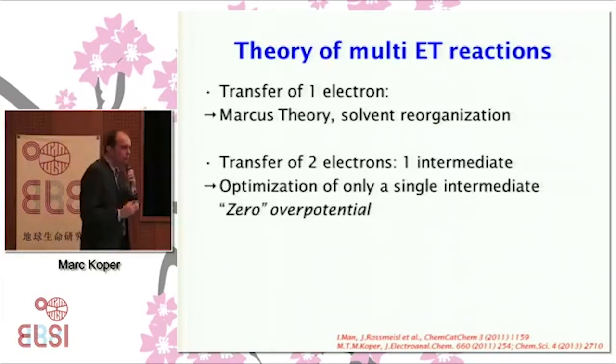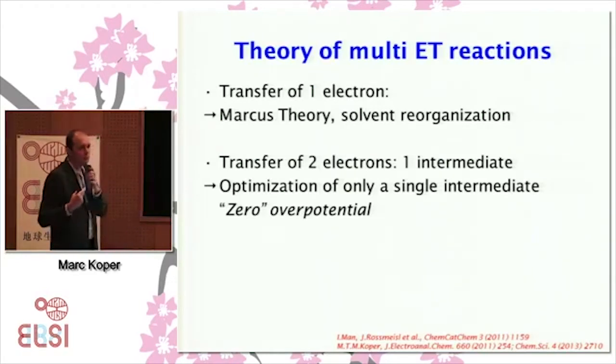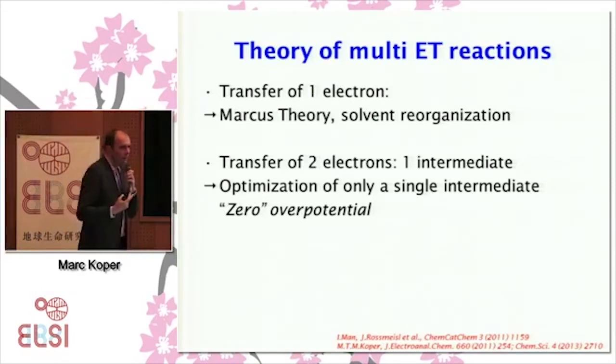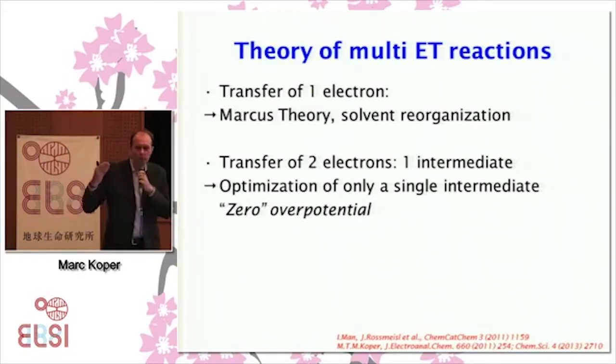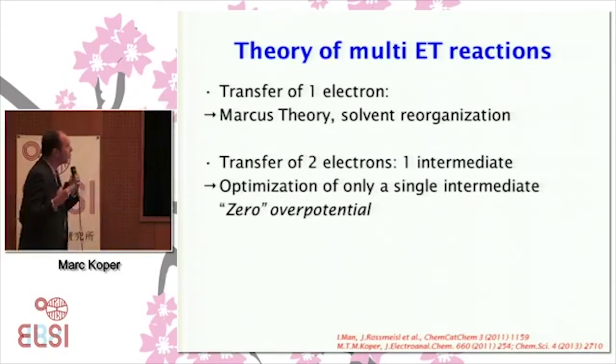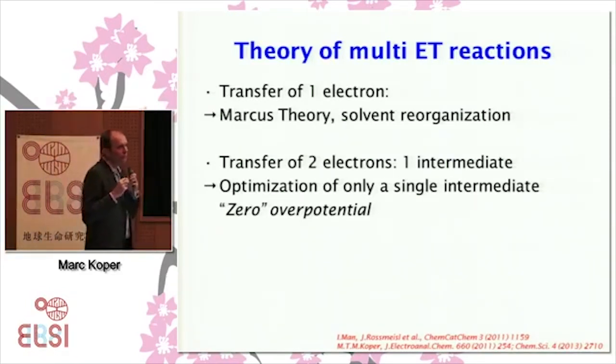Once we transfer 2 electrons, things are a little bit more complicated, or maybe I should say easier, because one of the things that we find from Marcus theory is it's very unlikely that you transfer 2 electrons exactly simultaneously. And that is because the solvent basically needs to reorganize too much. And it is practically always more efficient to transfer these electrons one by one.